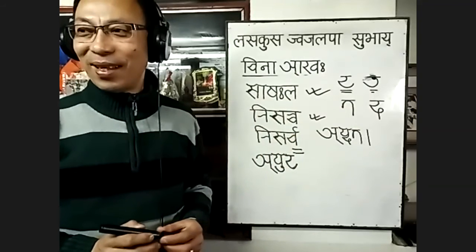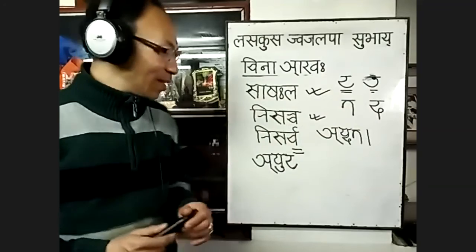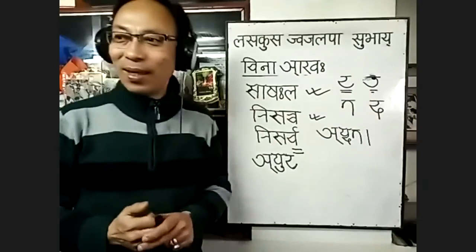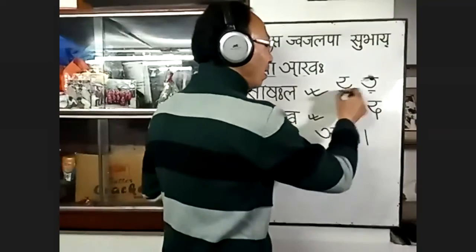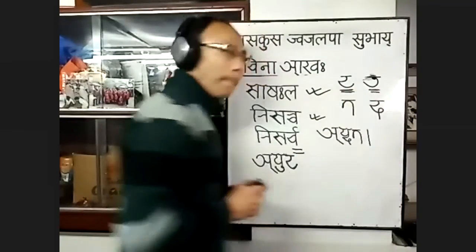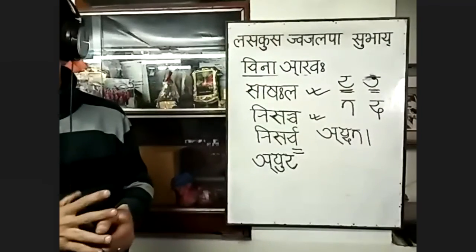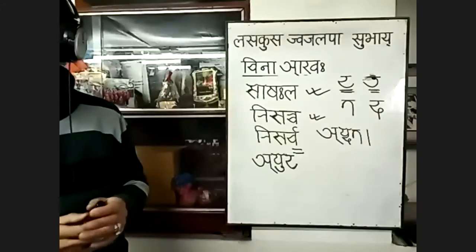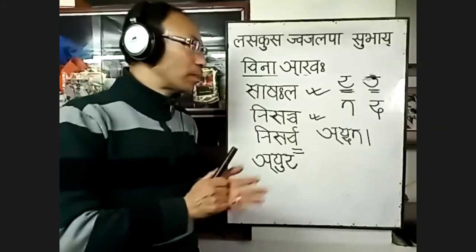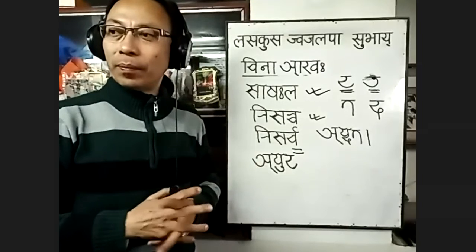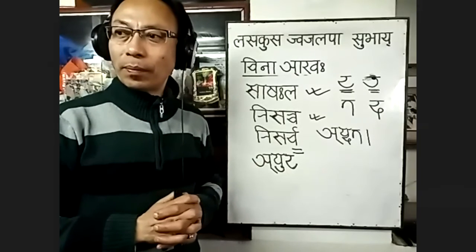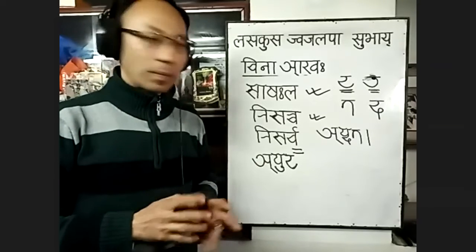So this whole line ta, tha, da, dha are borrowed letters, correct? Yes, this line. Thula, sir.